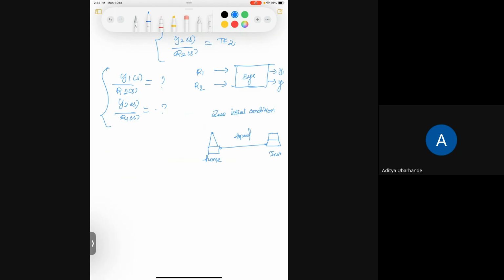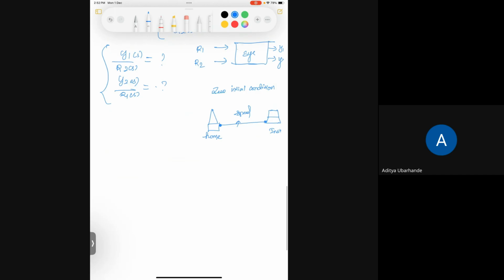With the speed I have to mention from home till the institute. I cannot say at some point of time I have been coming at this speed. With that information, nothing could be inferred, right? So always, starting from the initial conditions, it should be done. Physically, it's not feasible.